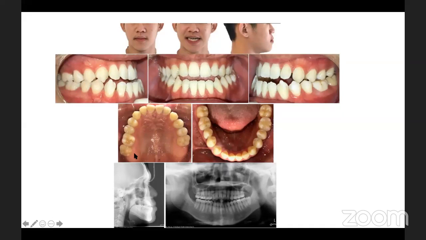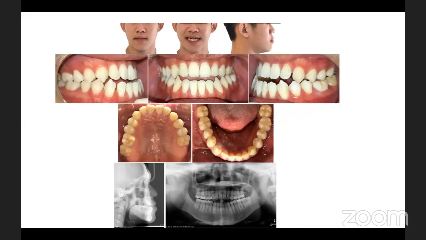You have a fairly expanded upper arch, slightly protruded upper incisors, upright to retruded lower incisors, a huge class 3 canine over here, and a midline and a molar relation, probably because of the midline shift as well, and not so mild, not so severe over here, but the profile is bad. It's a protrusive profile.